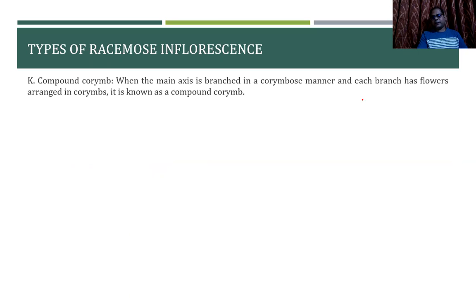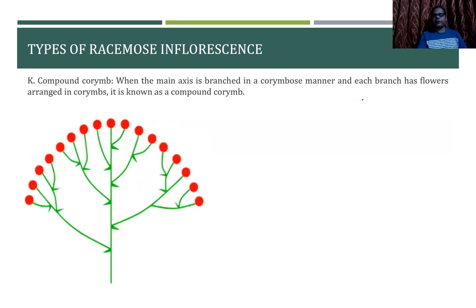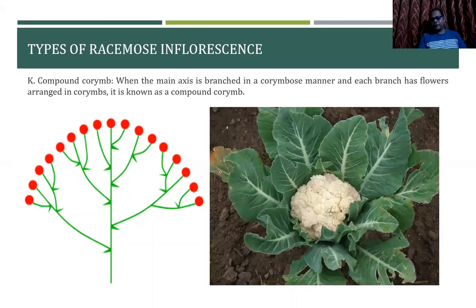Again, the corymb inflorescence can be further branched out, and this will form the compound corymb. One of the main things we know is the cauliflower. Cauliflower is basically a compound corymb.